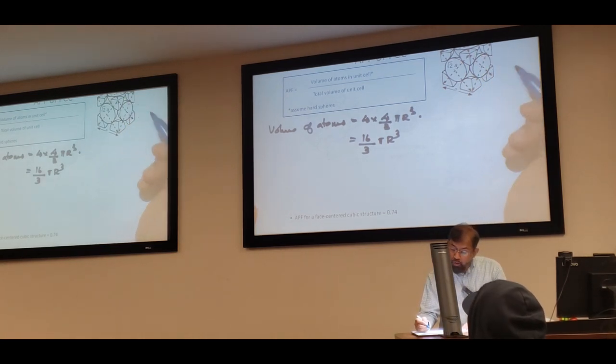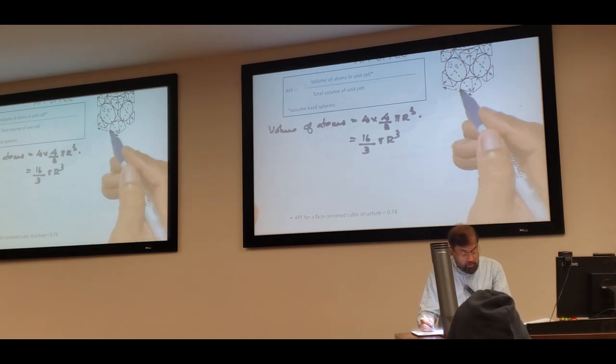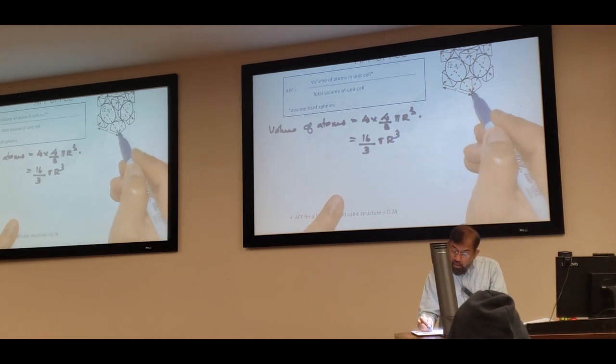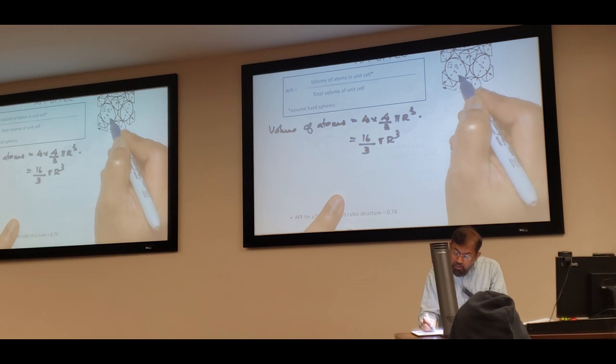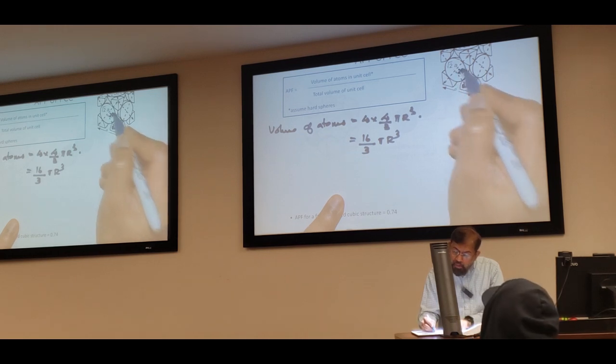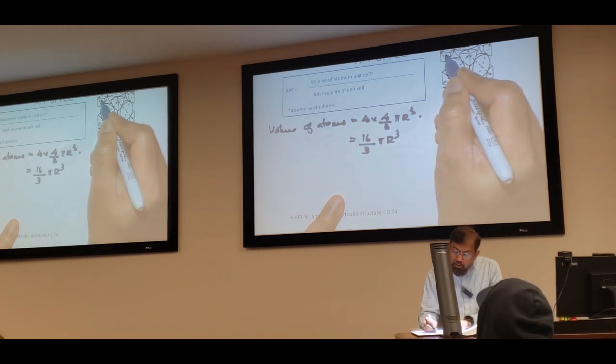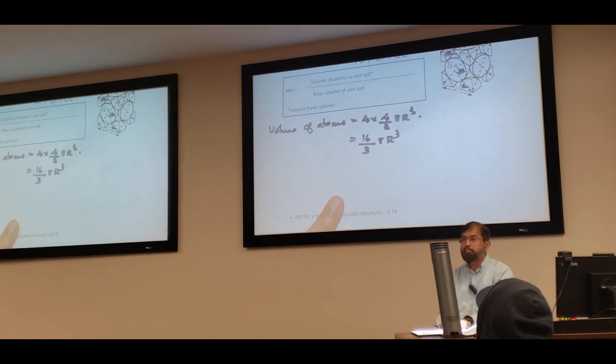If you look at this one, along the hypotenuse there are how many? This is 1r, this is a total of 2r within this atom, and this is 1r.